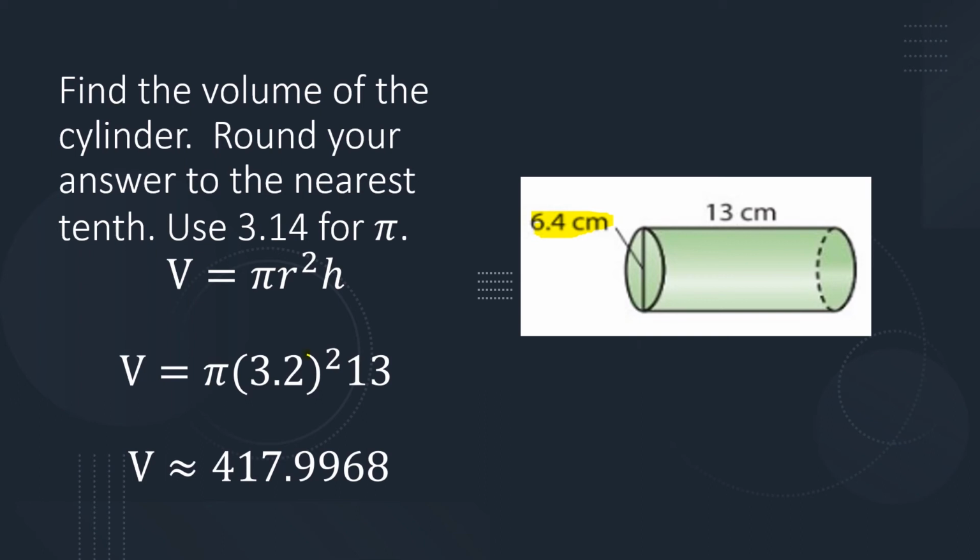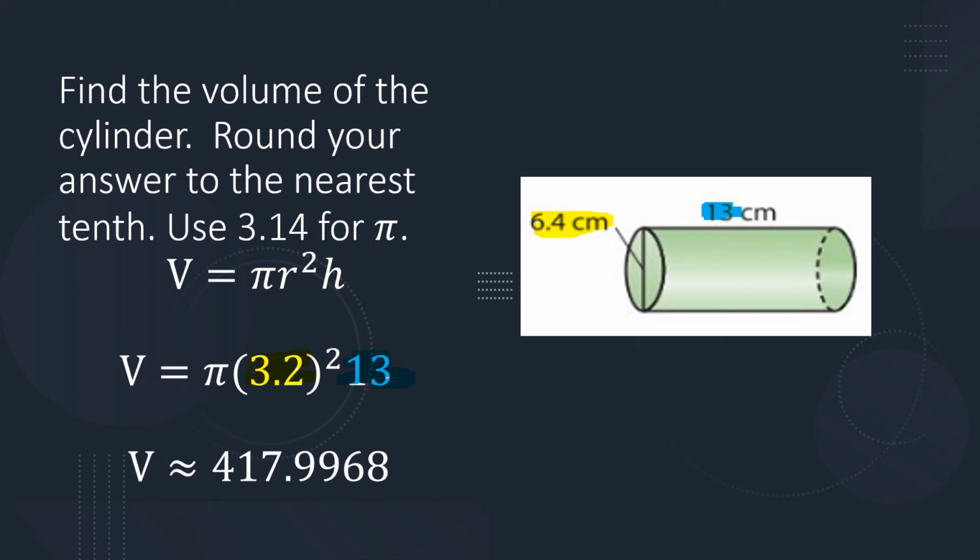So we're going to replace that with 3 and 2/10. The height of the entire cylinder is 13 centimeters, so that's going to replace h, substituting for h in my formula.